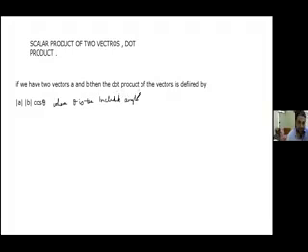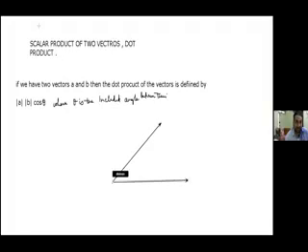What is the angle between the two? 90 degrees. So I dot j has value equal to 0. So the second term here, a1 b2 I dot j, is going to be 0.